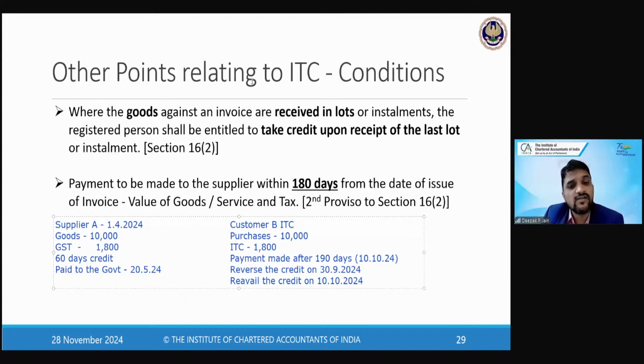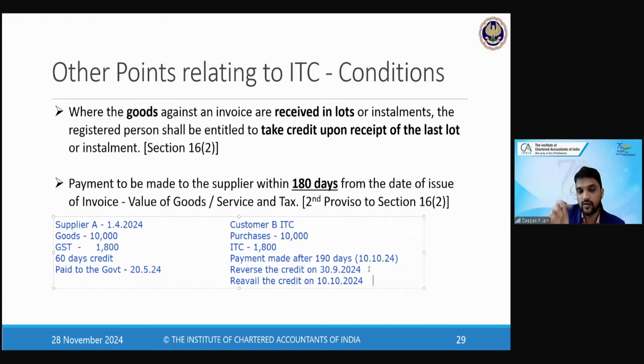Can you reavail the ITC of the September return in October? No, no. This is reavailing on the October return in November, because September's transactions have to be shown in September's data, which will go into October's return. October transactions will go in October's return, which you will file on 20th November.